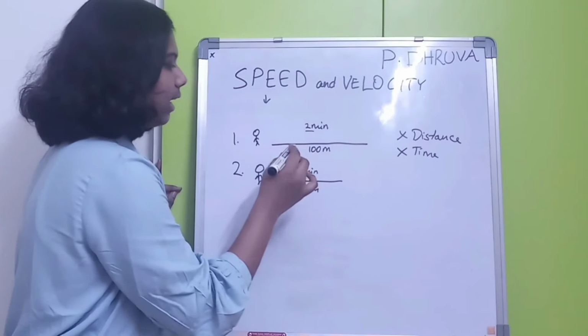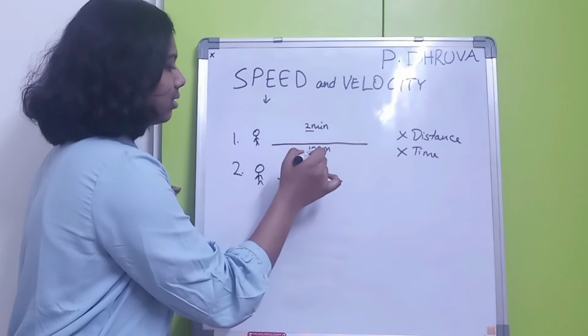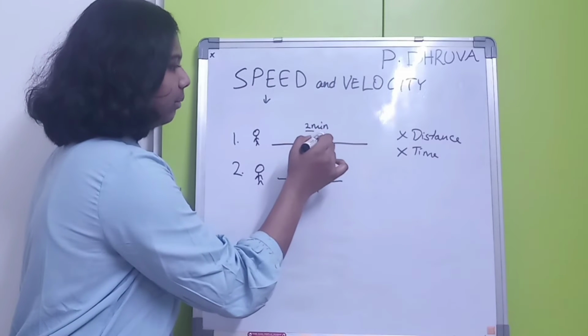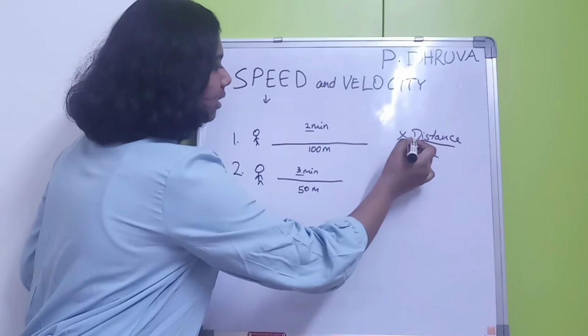So to find the rate of the distance covered by them for a minute, we can find that by dividing distance by time.